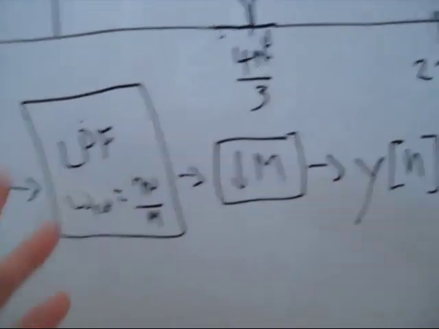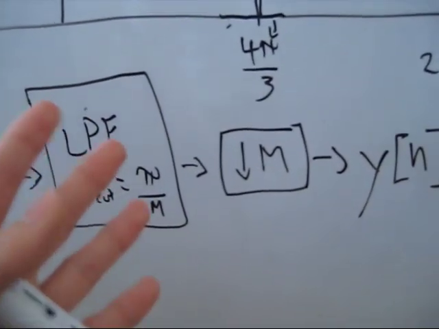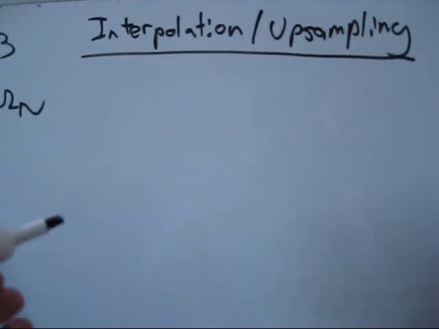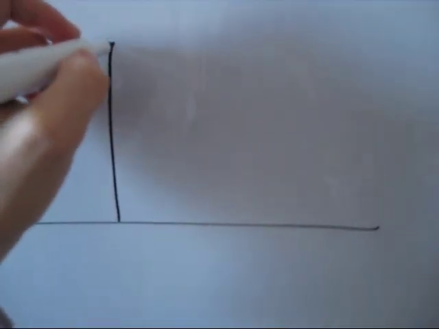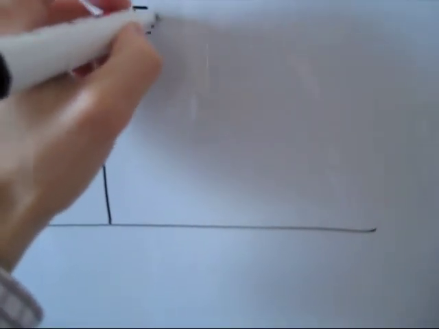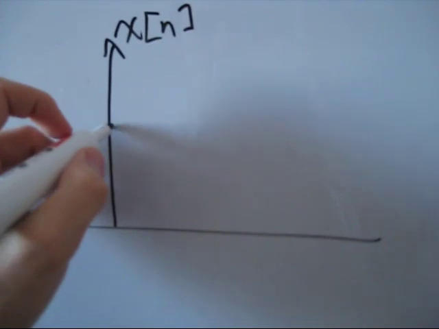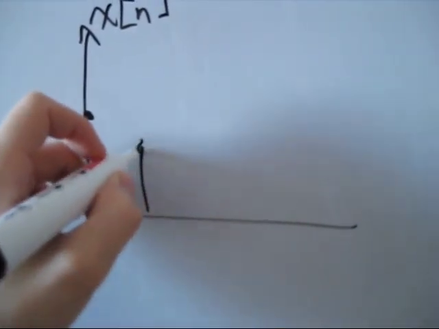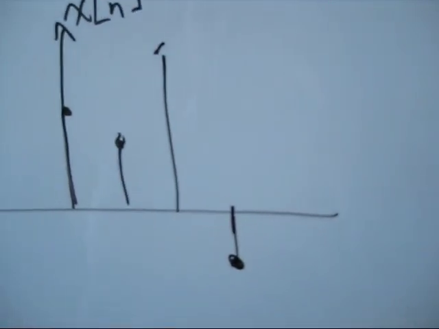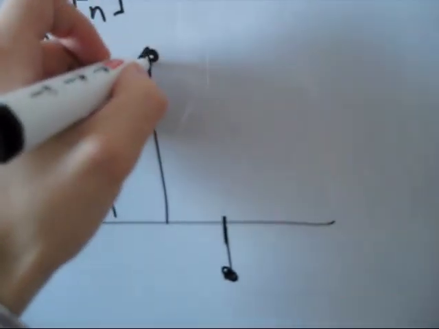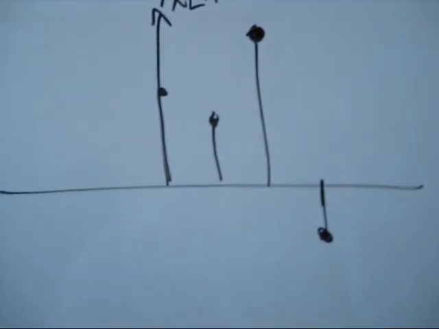So now let's talk about upsampling or interpolation. Let's say we had a signal, x[n], and we've got some data points. But now what we want to do is upsample the data.